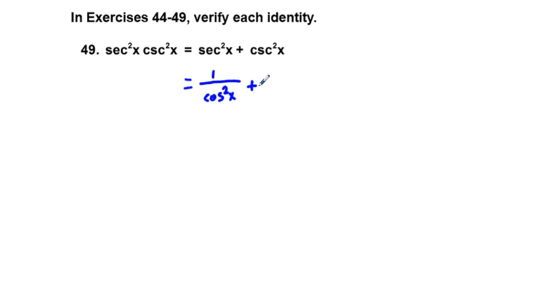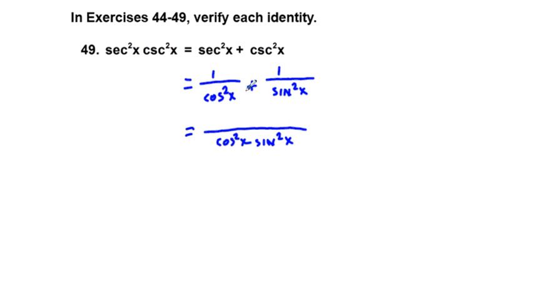And we're going to rewrite cosecant squared x as 1 over sine squared x. And then what we're going to do now is make a common denominator of cosine squared x, sine squared x.